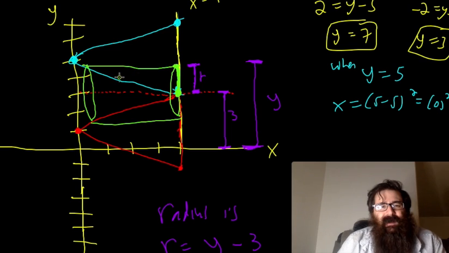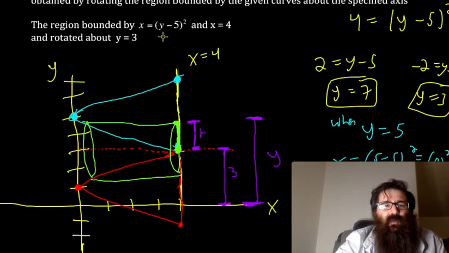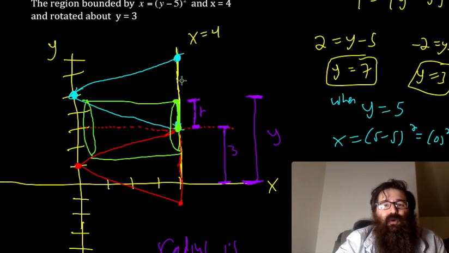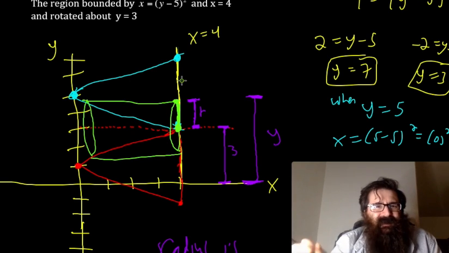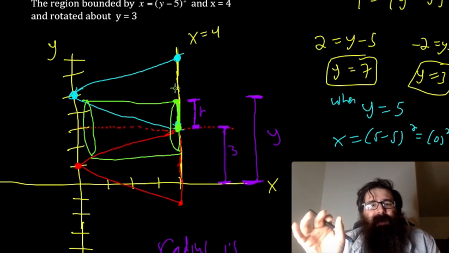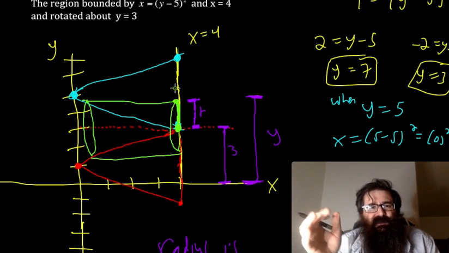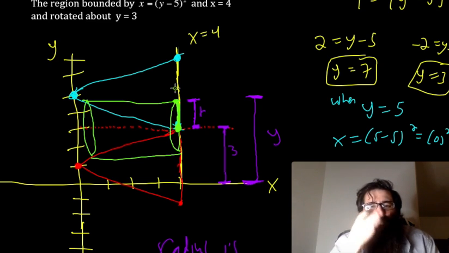But there's a couple things going on here. It relies on this curve that we have, and that curve was the function y minus 5 squared. But it also, and this can be sort of deceiving if we're not paying attention, relies on x equals 4. And if we think back to area between curves, section 6.1, we really want to think about upper minus lower, or in this case, rightmost minus leftmost.